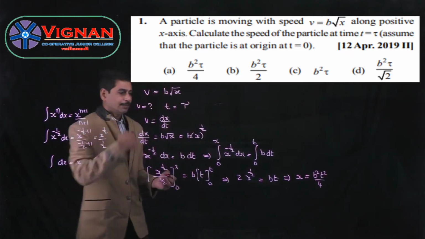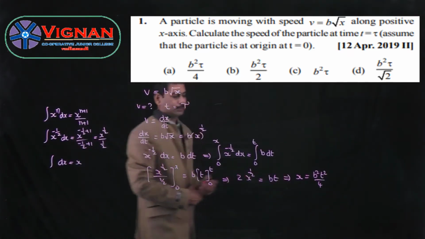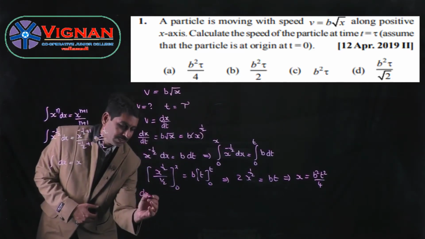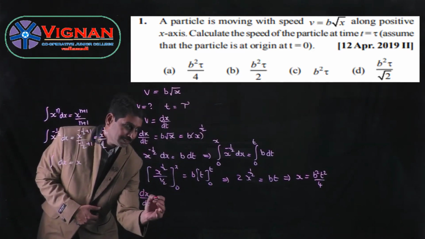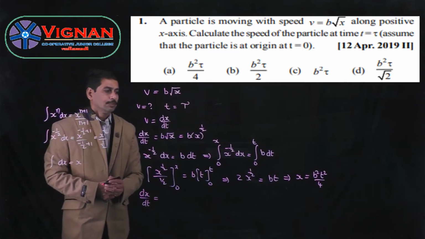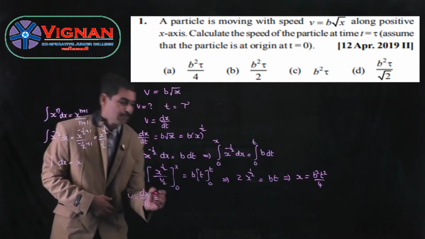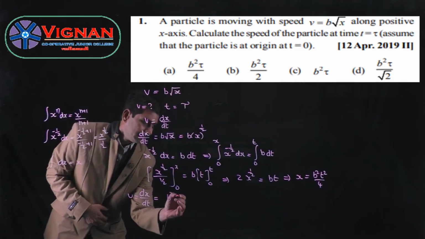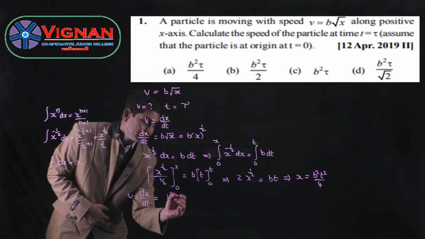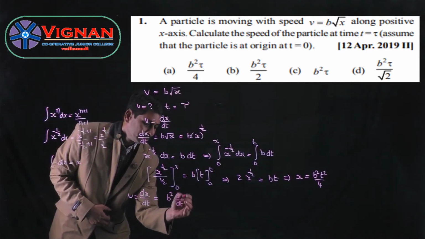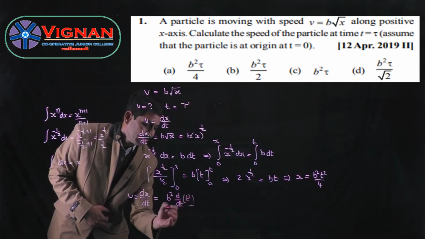And again differentiating the x value we get the velocity. So again differentiating, we get dx by dt, which is nothing but velocity, is equal to b square into d by dt of t square by 4.